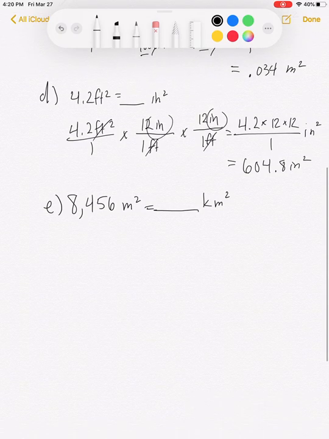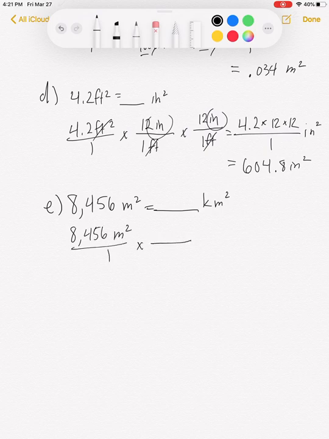All right, and we're going to take our 8,456 meters squared, put over 1, multiply by some sort of meters on the bottom. Now, know that there's 1,000 meters in 1 kilometer, and that's why I'm putting 1,000 meters on the bottom, so I can cancel meters. But I only have 1 set of meters here. I need another set here to cancel with this, and that.